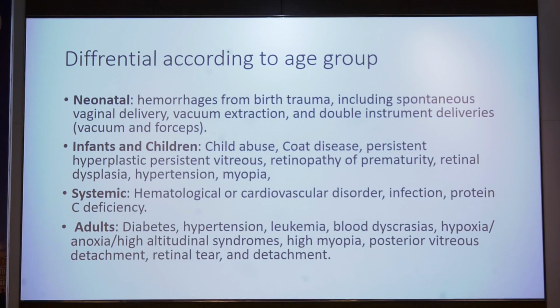In adults, we see diabetes, hypertension, leukemia, blood dyscrasias, hypoxia, anoxia, and high altitude syndromes, high myopia, posterior vitreous detachment, retinal tear, and detachment.